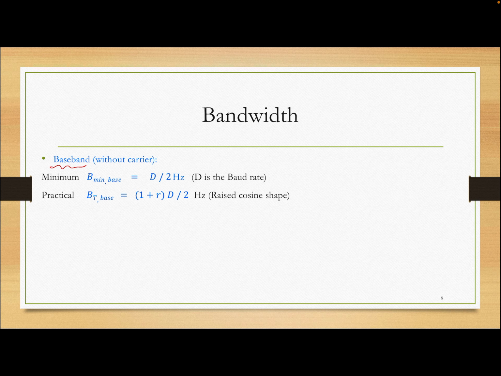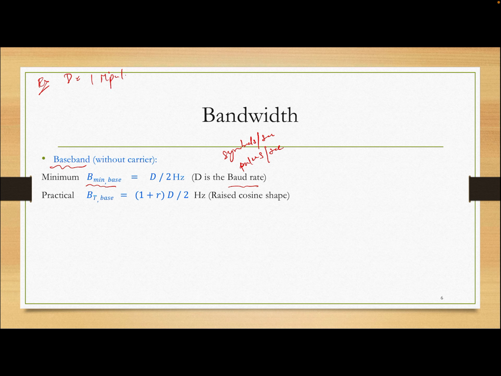Now let's look at the bandwidth. A baseband signal is centered at 0 Hz, without modulation, a low frequency signal without any carrier. The minimum bandwidth for the baseband is D over 2, where D is the baud rate. Baud rate is symbols per second or pulses per second.